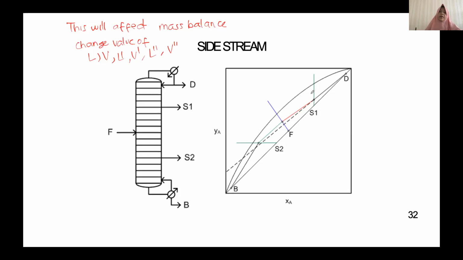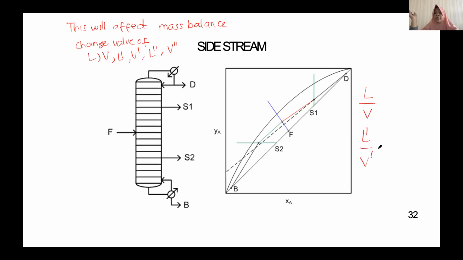Because L is changing, V is changing. So what happens? It is going to change the slope of the operating line. If you remember, the operating line is basically a slope of L over V, and for the stripping line, it would be L dash over V dash.